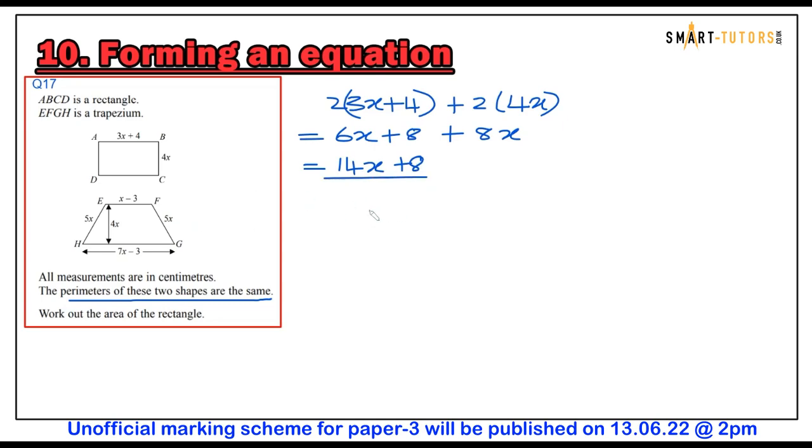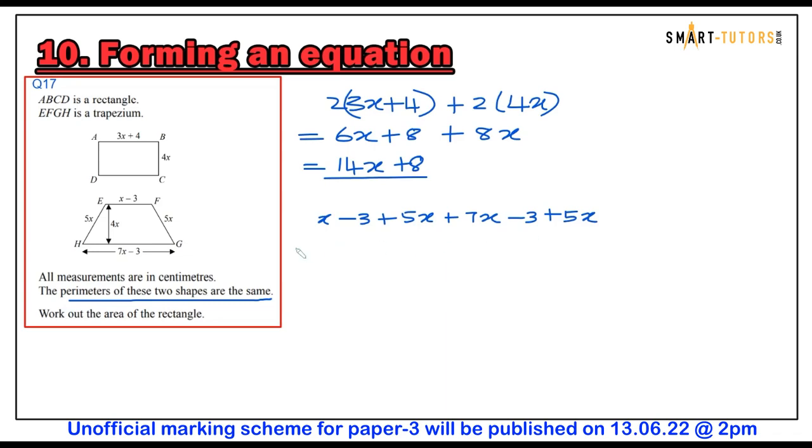Now the same way as the trapezium's perimeter, you need to add all the outside lengths: x minus 3 plus 5x plus 7x minus 3 plus 5x, right?